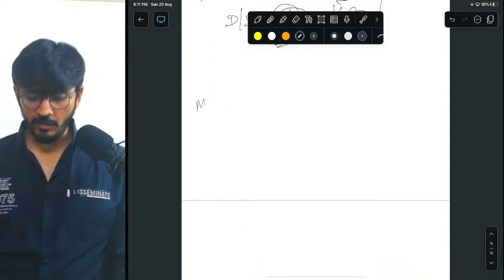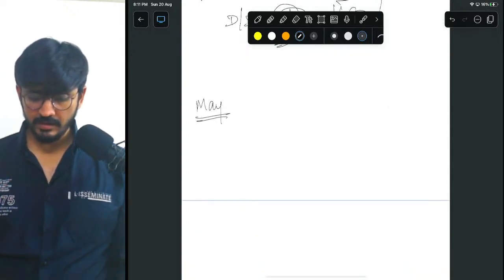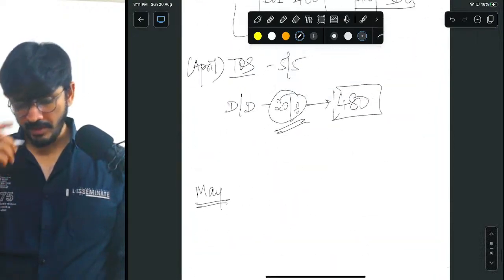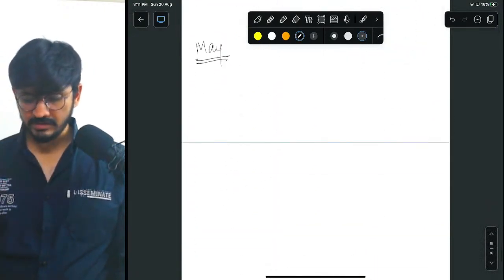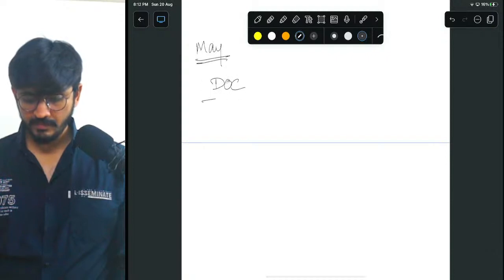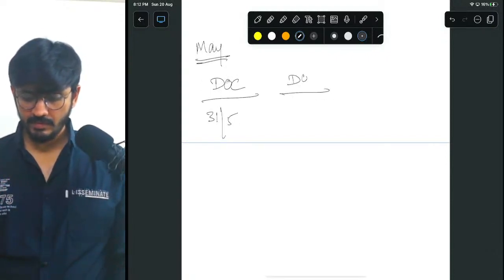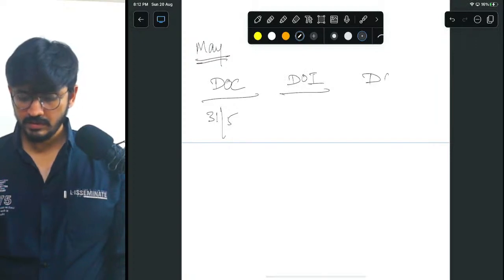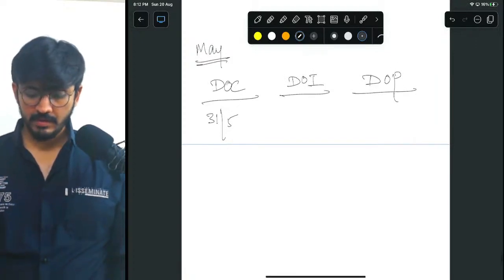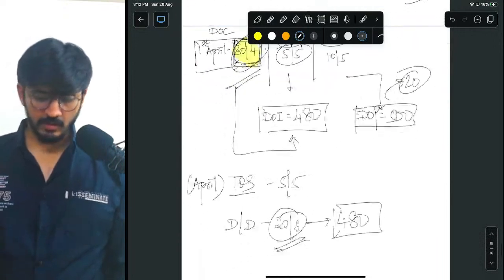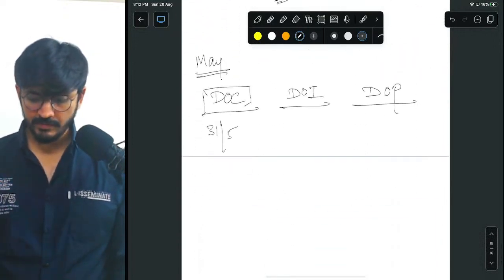So here when we talk about the May month, then in that case, my dear friends, very simple, 31st May, invoice, payment. When it comes to invoice, concept is very, very simple.